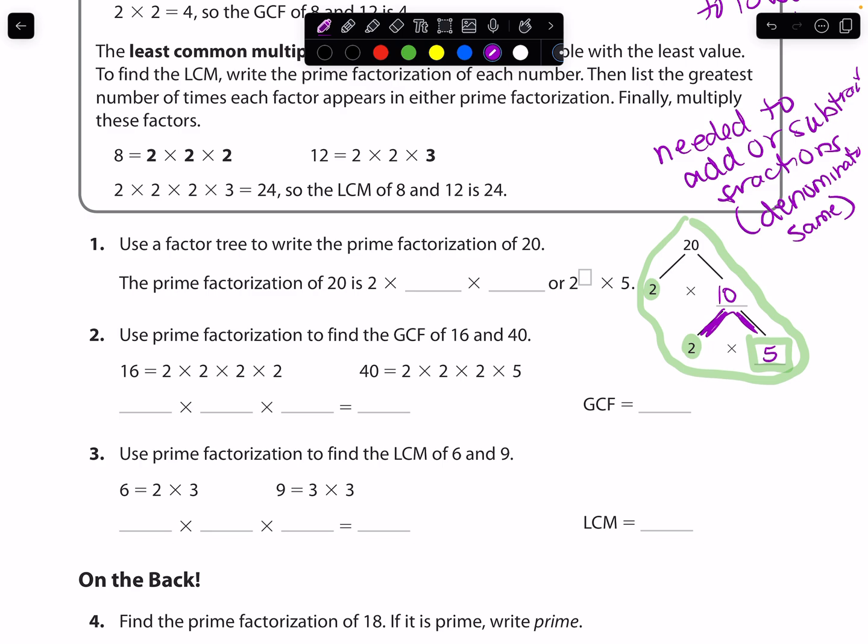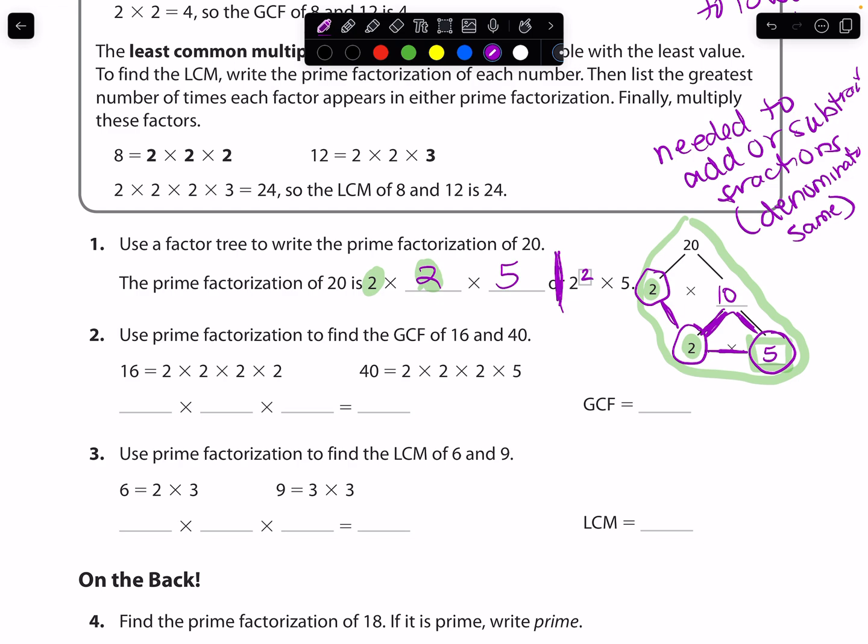Make sure you include all the prime numbers at the very bottom, or the roots of the tree. So the prime factorization of 20 comes from 2 times 2 times 5. I'm going to fill in the blanks. True mathematicians will recognize that there are two 2's, so that can be written as 2 squared times 5.